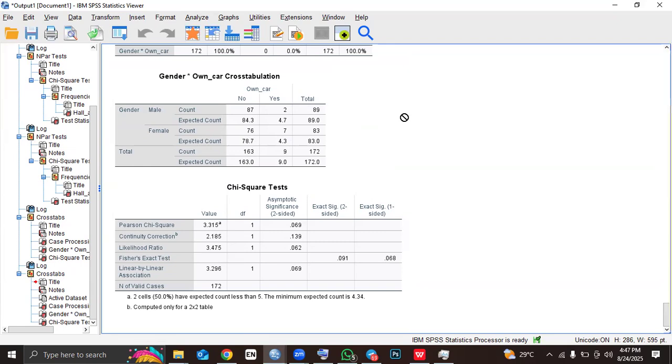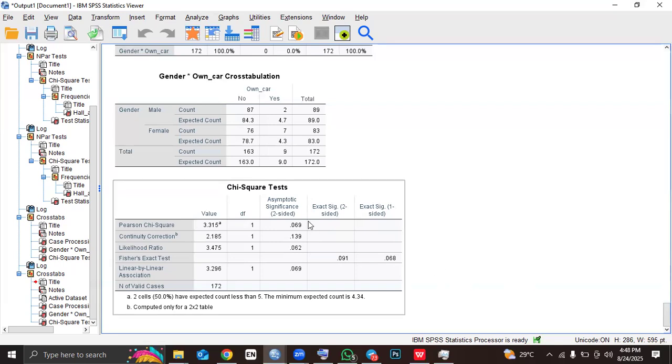Good. Now, when we come to the chi-square test statistics, we can see the Pearson chi-square value here, the degrees of freedom here, and then the p-value here. Good. From here, we can see that our p-value is actually greater than what? 0.05, because the value that we are getting is 0.069.